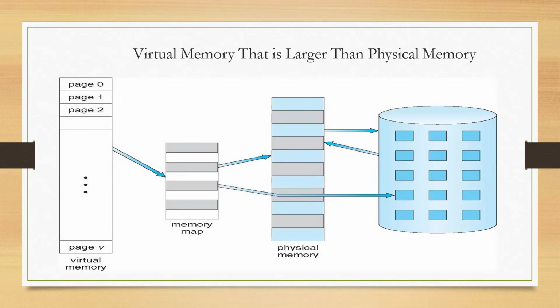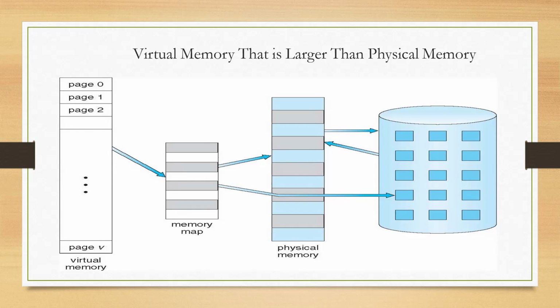So what is demand paging? Demand paging is a memory management technique used in operating systems to load pages into memory only when they are needed, rather than loading all the pages of a program into memory. For example, we have to move content from the secondary storage device into main memory, but the main memory is very small compared to the secondary storage device.